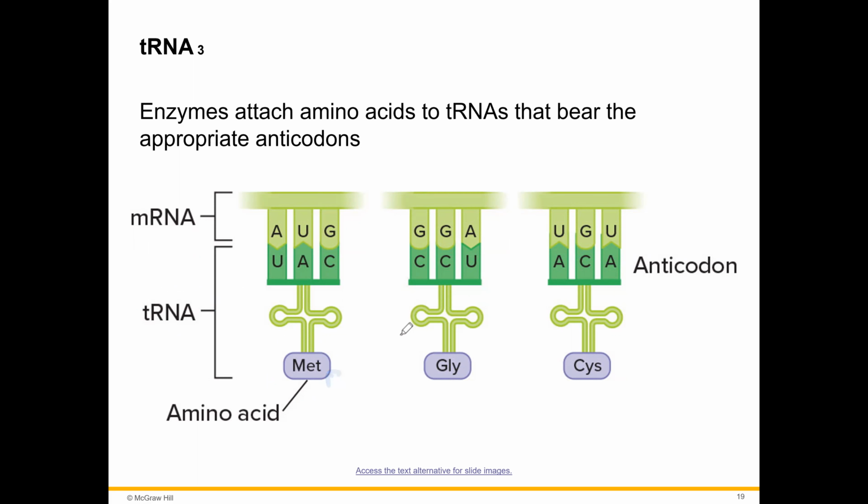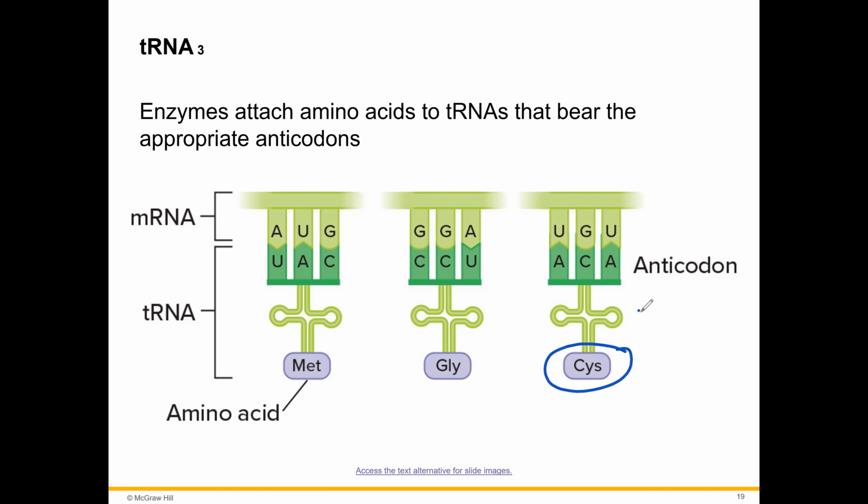Now this is a different tRNA. It has a different anticodon, so it can bind itself to a complementary codon. And the complementary codon is GGA, because G pairs with C and A pairs with U, and it carries a different amino acid. Now here, the anticodon is ACA, so it's going to bind to UGC, because A always binds with U, G with C, and U with A. And it carries a different amino acid.